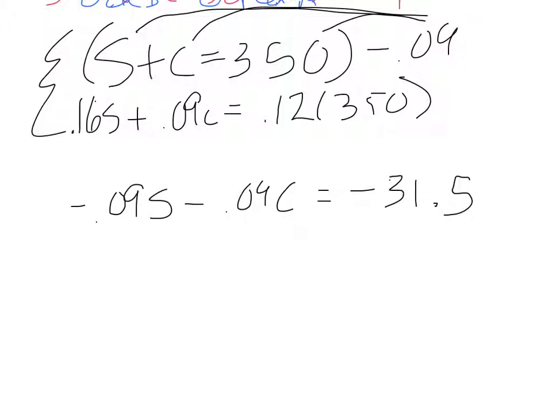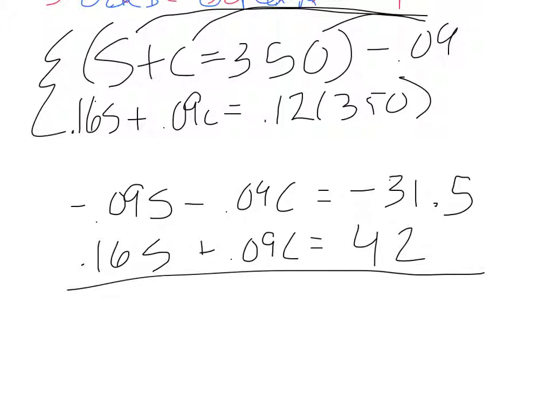Rewriting the second equation, we have 0.16 S plus 0.09 C, and 0.12 times 350 is going to give us 42. Add these two together. This is going to give us 0.07 S, these C's cancel. And then here, negative 31.5 plus 42 is 10.5 divided by 0.07.